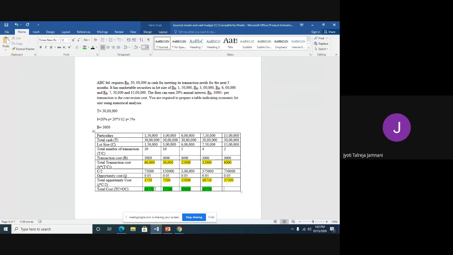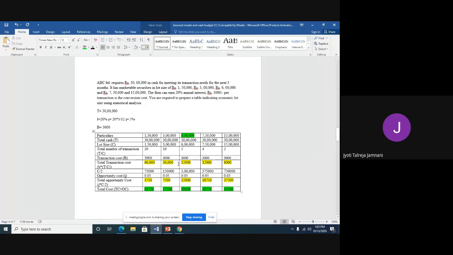The last one is 43,500. Out of this, the total cost minimum is at 30,000. So that means 6 lakh rupees is your optimum cash balance.